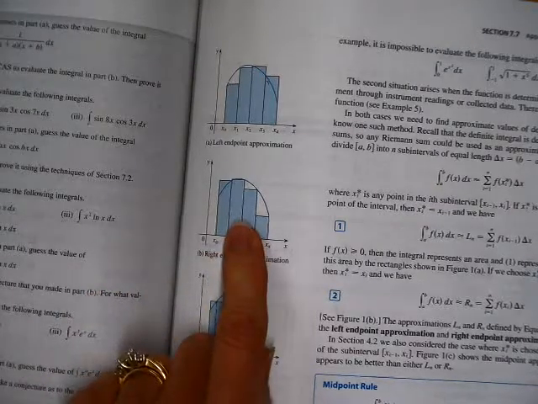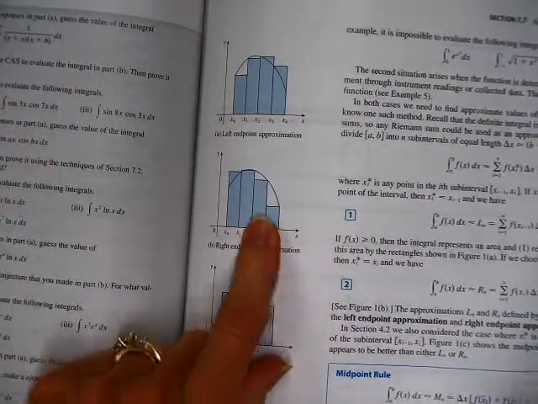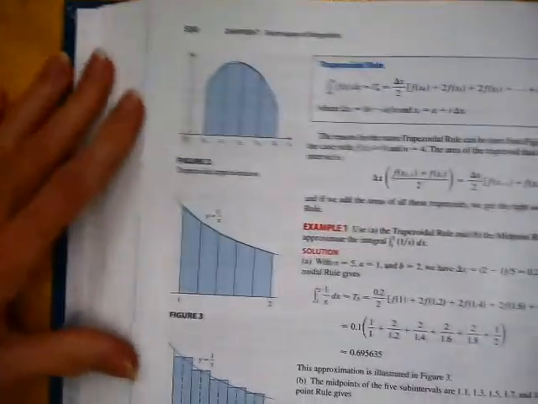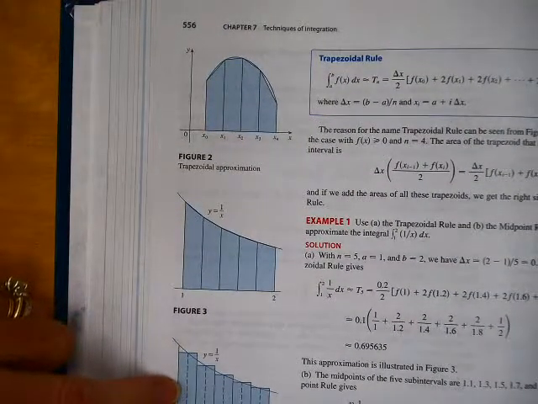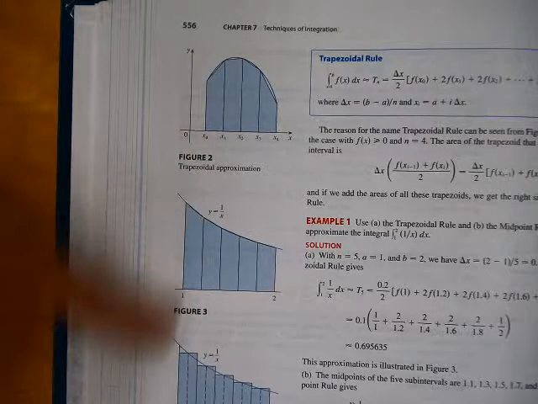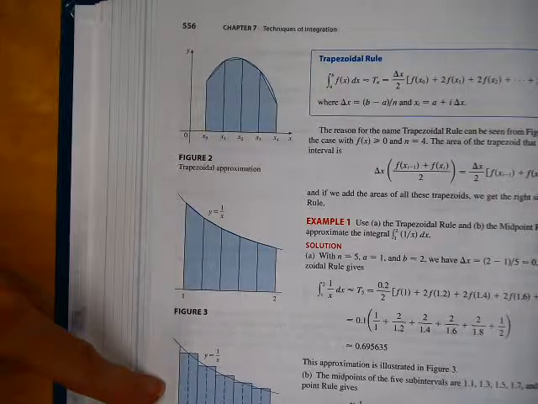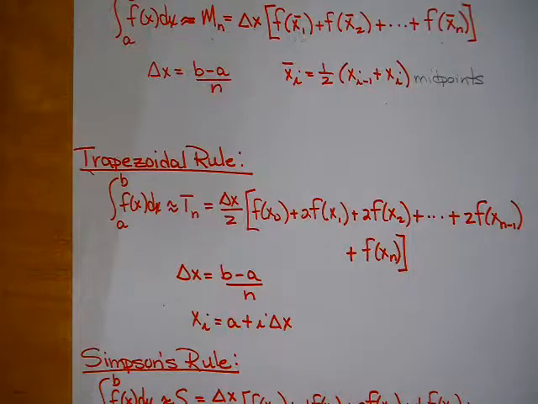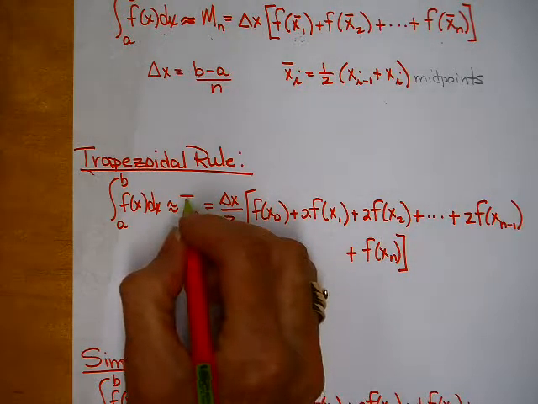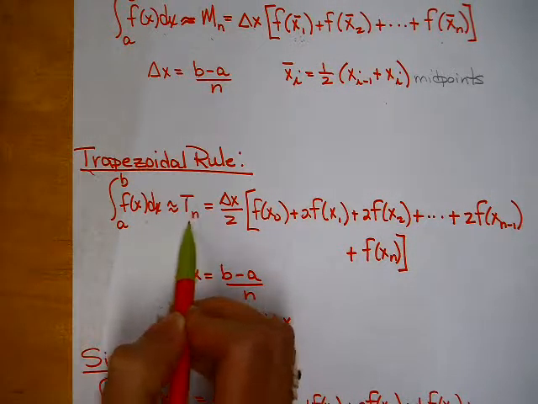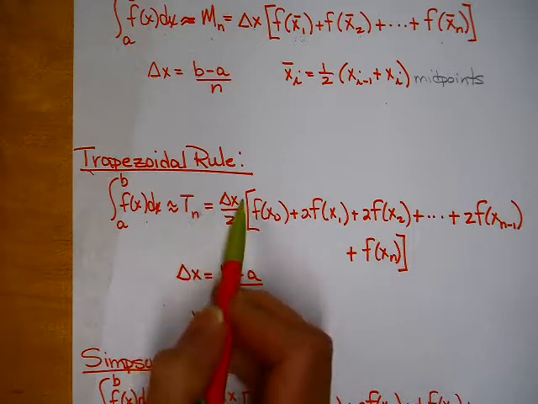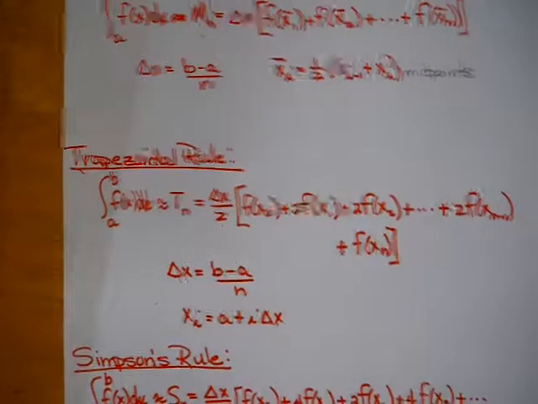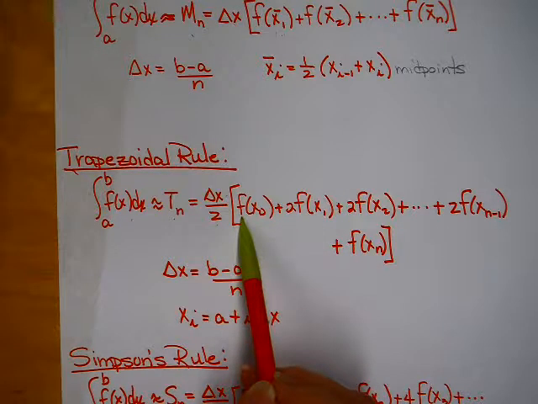Another way to divide these instead of rectangles is to divide these regions into trapezoids. So if you take the area under the curve and do trapezoids, then you can get even a little more accurate. And that leads you to the trapezoidal rule, which is this one. The integral from a to b of f of x dx with the trapezoidal rule is delta x over 2.